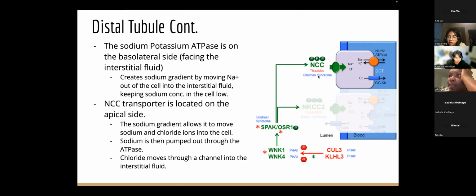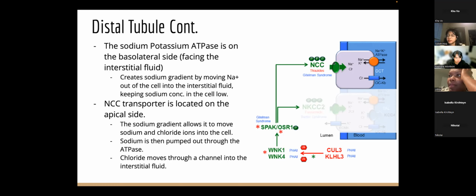They're not the same thing, but you can think of them as extracellular fluid for now. So just like the proximal tubule, there's also a sodium potassium pump on the basolateral side of the cell, and it does the same thing. It has the same purpose of creating a sodium gradient and keeping the sodium concentration in the cell low. This is done so that the NCC transporter can do its job.